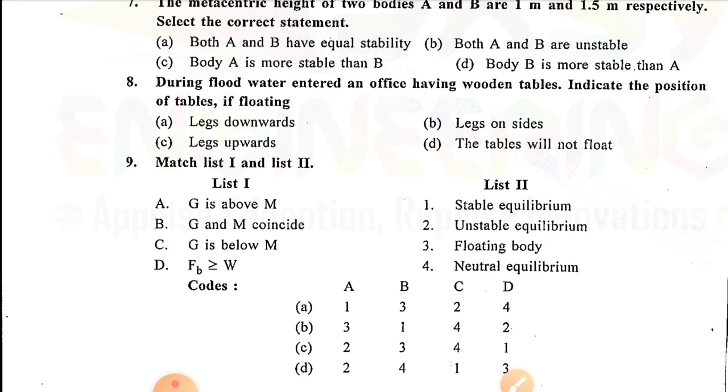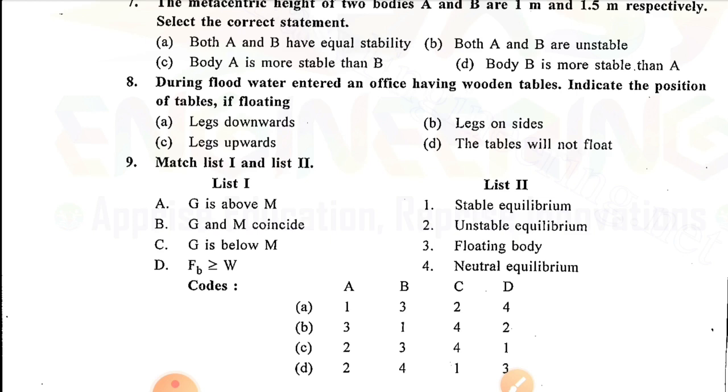Question number 9. Match list 1 with list 2. A. G is above M. B. G and M coincide. C. G is below M. D. FB greater than W. A. G is above M: the correct match is unstable equilibrium.